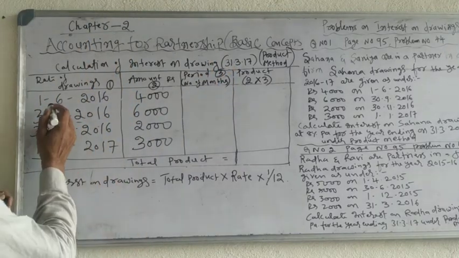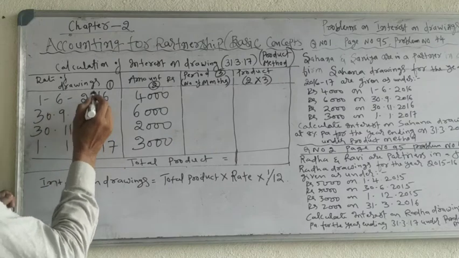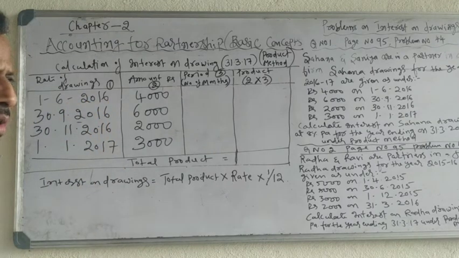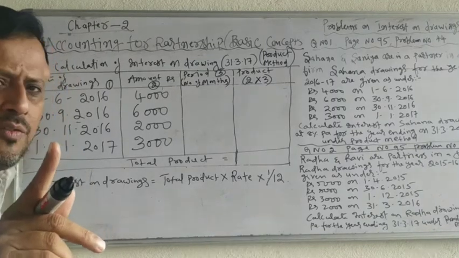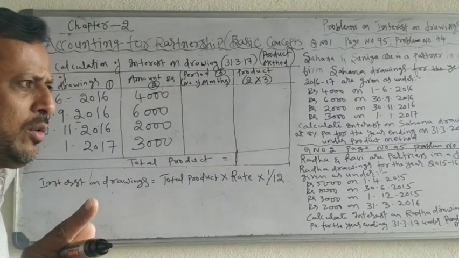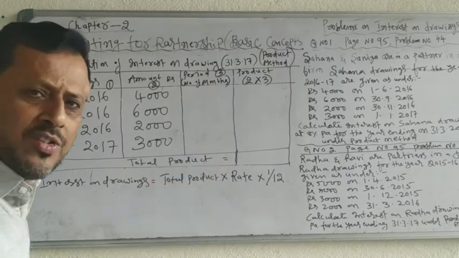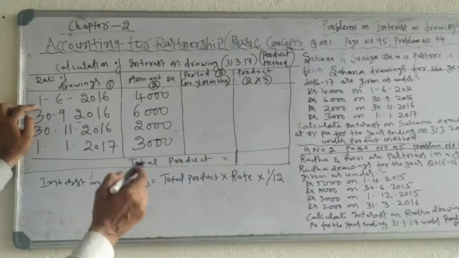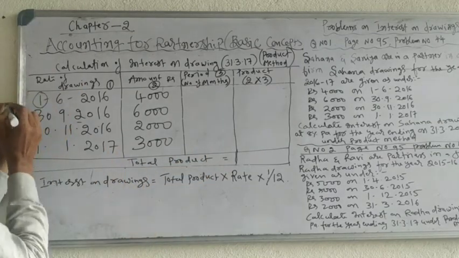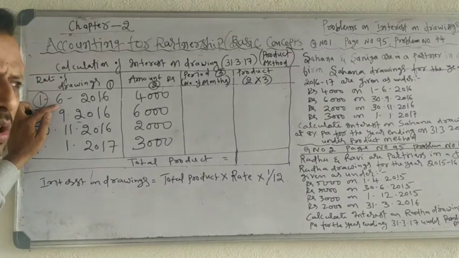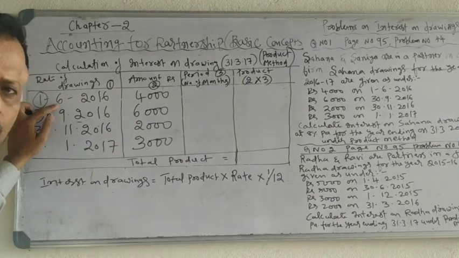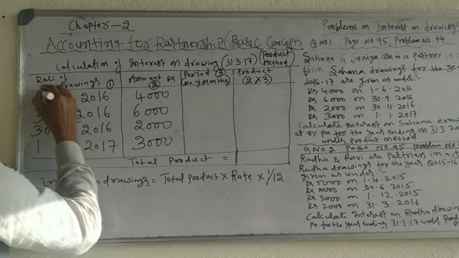First, June 2016. When the drawing is made on the first of a month, you have to count the number of months from the same month. See, June 1 means you count from June, and I will put a right mark here.